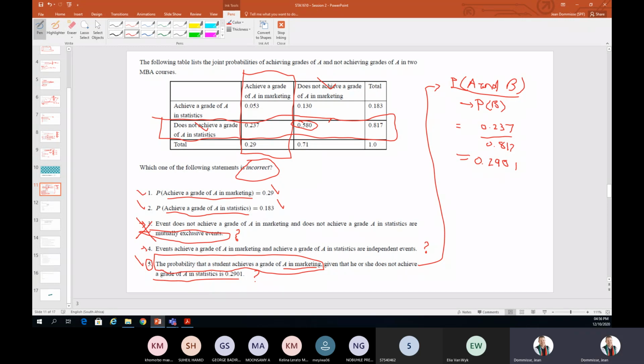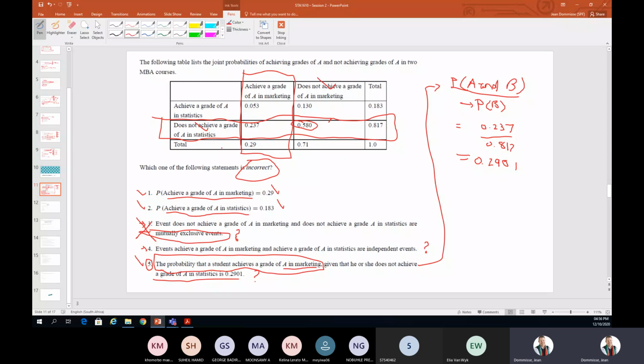Okay, so mutually exclusive means that the two can't happen simultaneously, but with this, because it is joint probabilities, it will happen. So the mutual exclusivity is nearly taken away when we have this.